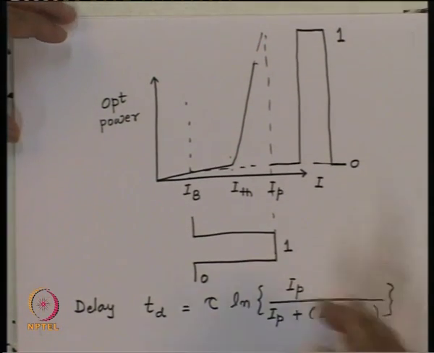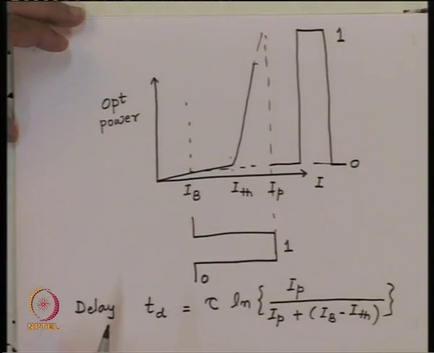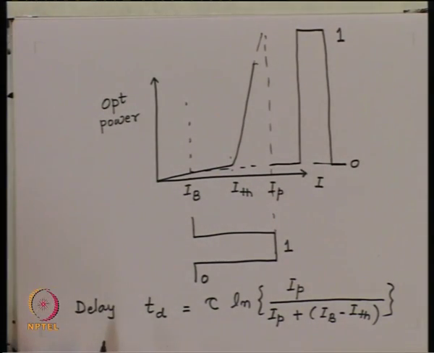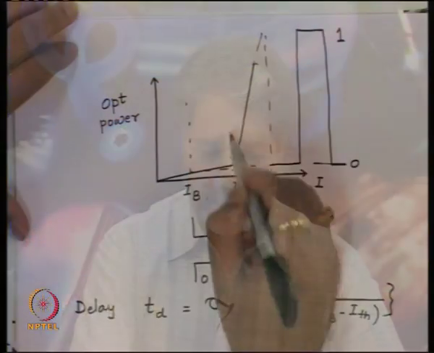What that means is, if the device was biased at the threshold current, that means it is just ready to get into lasing action. As soon as the switching pulse comes, you get a stimulated emission and you get a light pulse out. So, ideally what should happen if you want to have this delay very, very small is that we should bias the device at the threshold current.